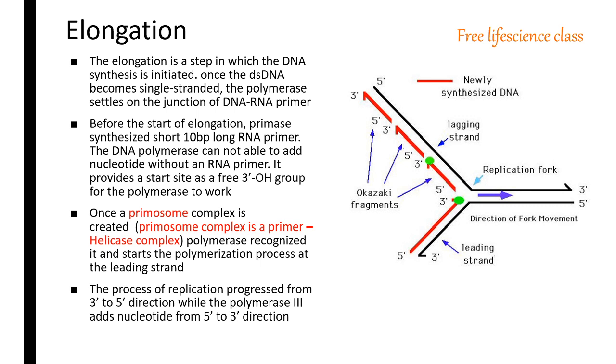In the initiation step, we have already seen that the double helix strand gets separated. Helicase comes and unwinds the DNA. Single-stranded binding proteins keep the DNA strands separated. Now the primase enzyme comes. The primase adds a short stretch of RNA primer to the DNA so that the DNA polymerase can synthesize DNA.